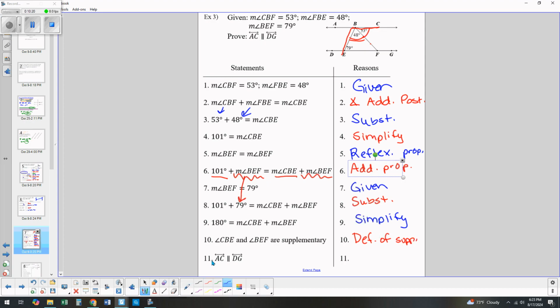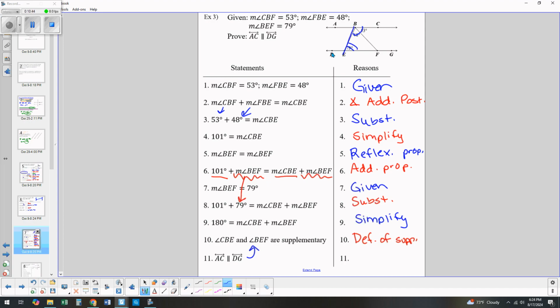And our last step here is calling two lines parallel. So when we're calling two lines parallel, if it wasn't given, we're always going to look at the step immediately before it to determine our reason of why. And if I look at my picture, the location of the two angles we're talking about, angle CBE, oh, that's not working for me. Let's try CBE and BEF.